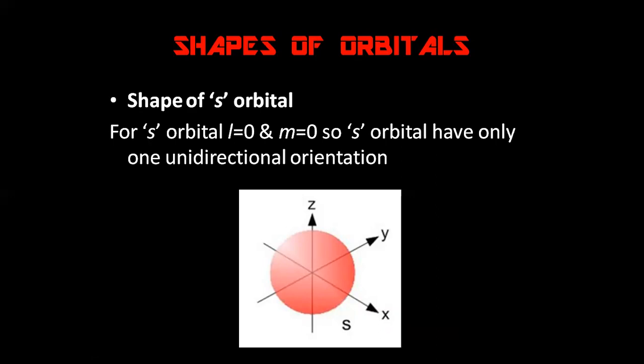And why do we have only one type of s orbital? Because for s orbital, the value of azimuthal quantum number is 0. So for L equal to 0, M is always equal to 0, which means it has only one type of orbital, only one value of M. Depending upon the value of M, we have different types of orbital. So the value of M decides how many orbitals a particular subshell has.